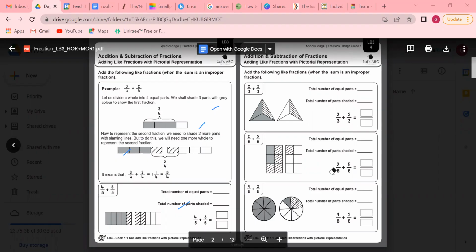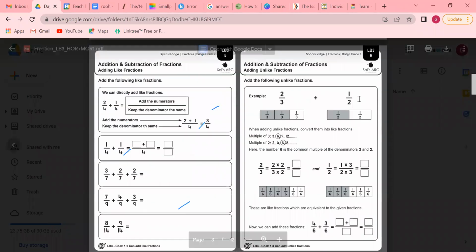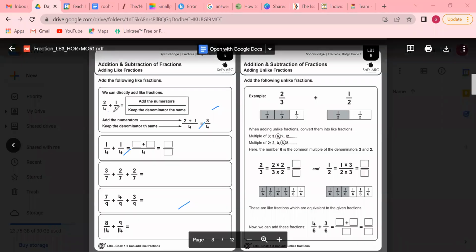If I go more down, here is the rule that I was talking about. If there are two fractions whose denominator is the same, we add the numerators and keep the denominator the same. So 2 plus 1 will become 3 and 4 will come as it is. So you have to solve these sums.